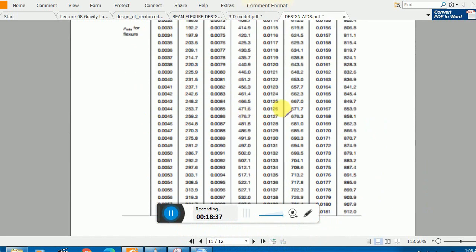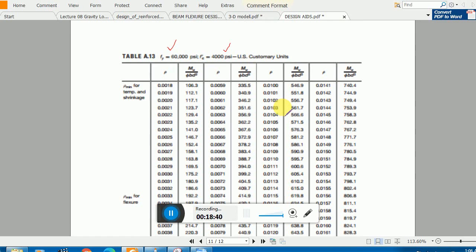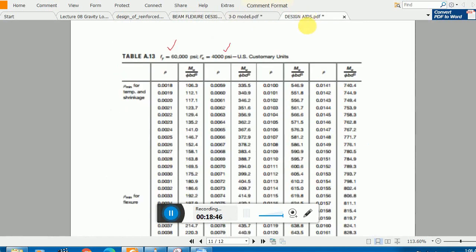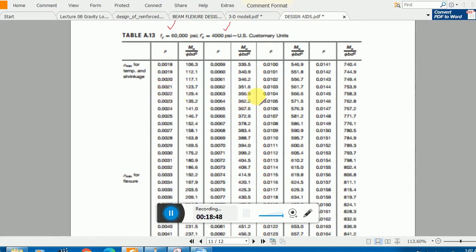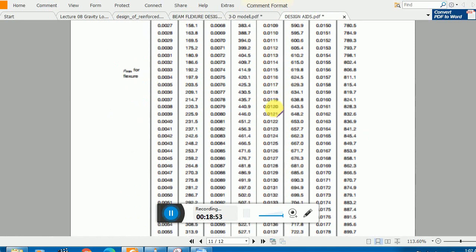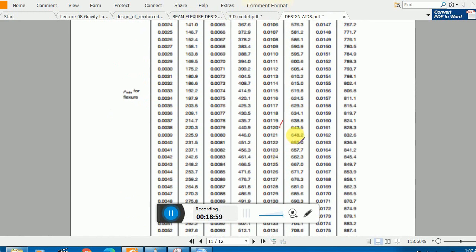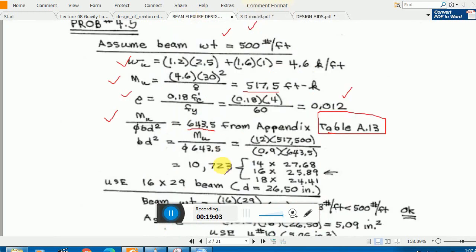So here I have to search for 0.012. Round about this one. This is the rho value and this is the Mu value. Here I have 643.5, so that is the reason I got this one.